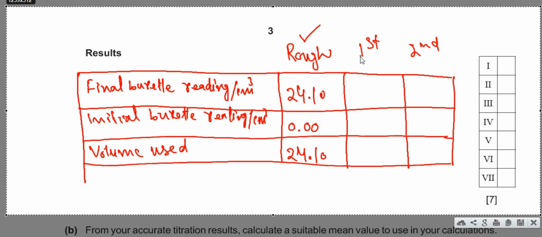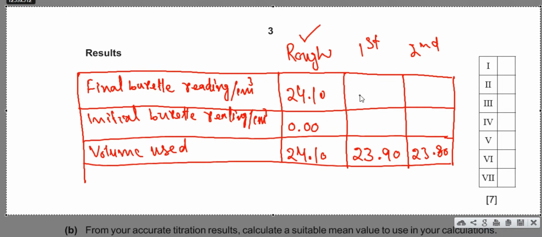Your first titration must have a difference of 0.2 from this, so the final answer will be 23.90. Your second titration must have a gap of 0.1, so the answer will be 23.80. Now it's up to you to make these values accordingly so that your final answer looks like this.